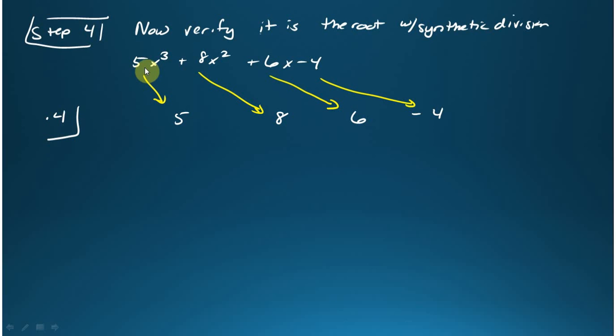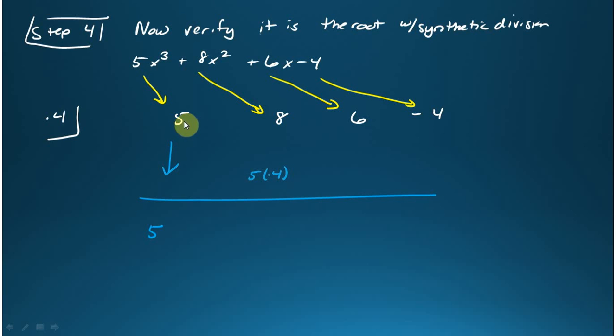The coefficients of the polynomial go from left to right. You will be using synthetic division in Calc 1. It is used for polynomials that have degree higher than 2. So we have the 5, 8, 6, and minus 4. It's very useful if you don't have the calculator. You can guess one of the roots and then start this process.